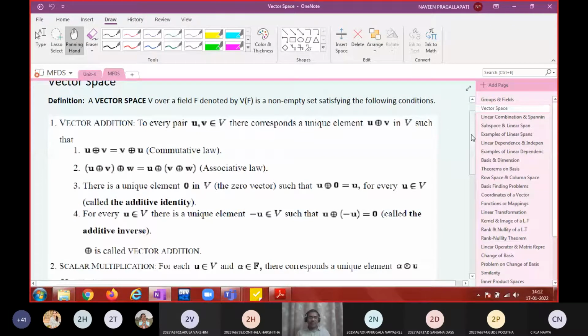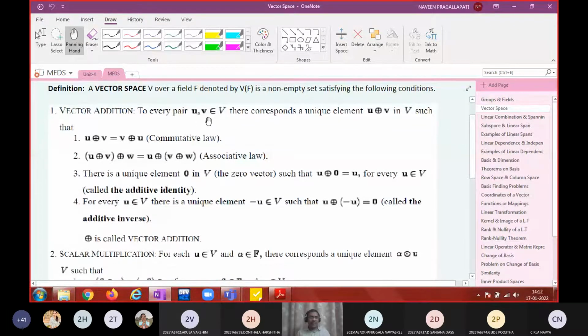So the first set of conditions are like this. You take any two vectors, then you apply an operation, like addition, like plus, dot. This is also a binary operation.